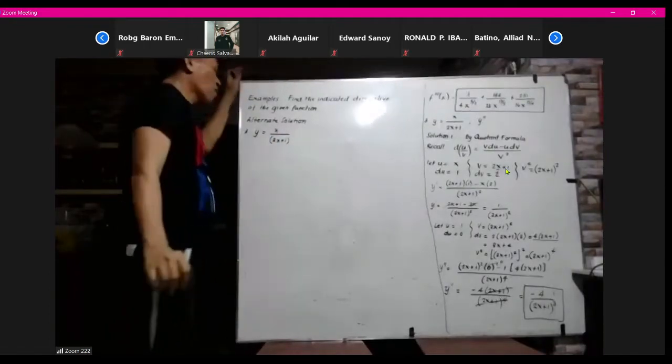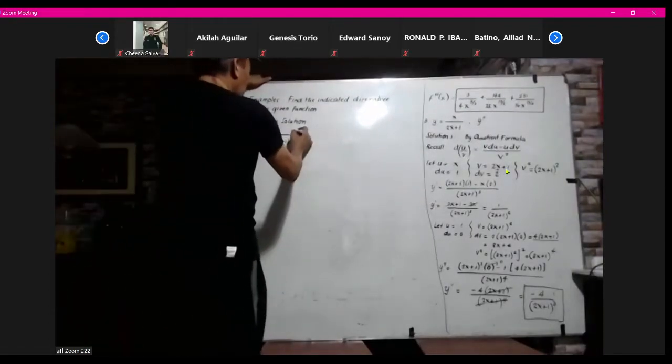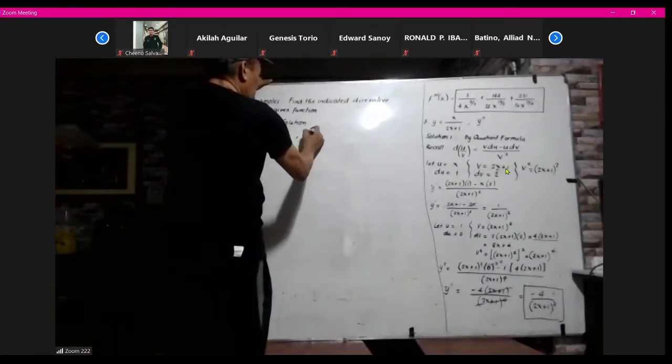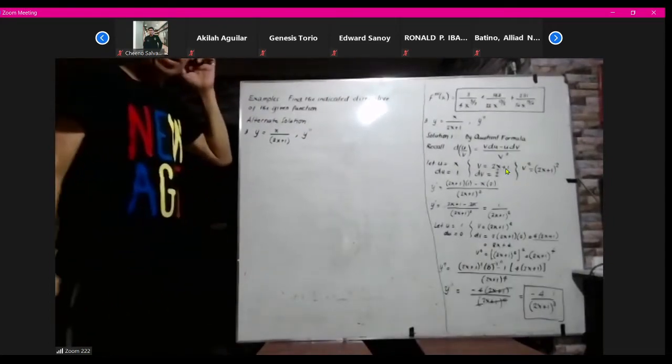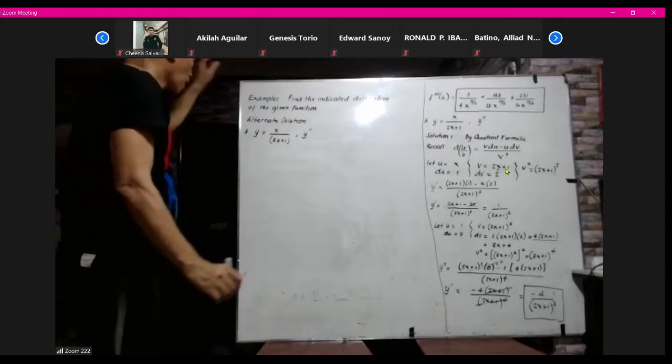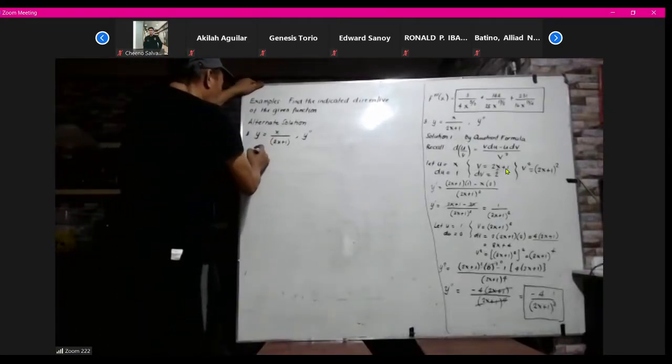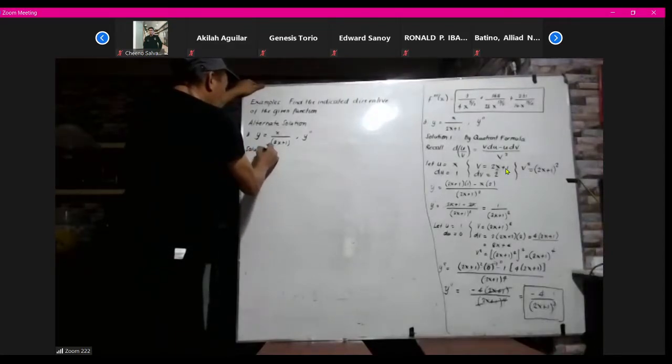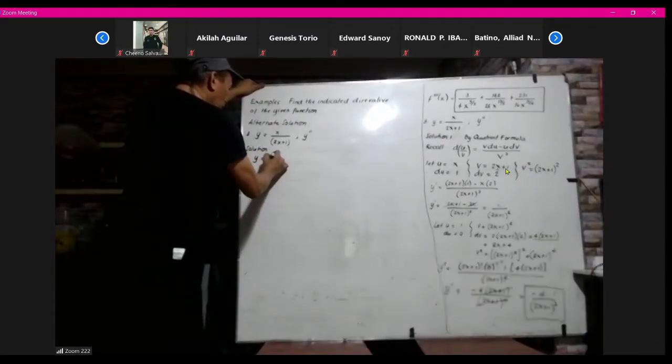Okay. So, kukunin natin ang second derivative niya. Yan. So, ang gagawin natin, guys, iaangat natin ito. So magiging ang solution natin is like this one. Y equals x.